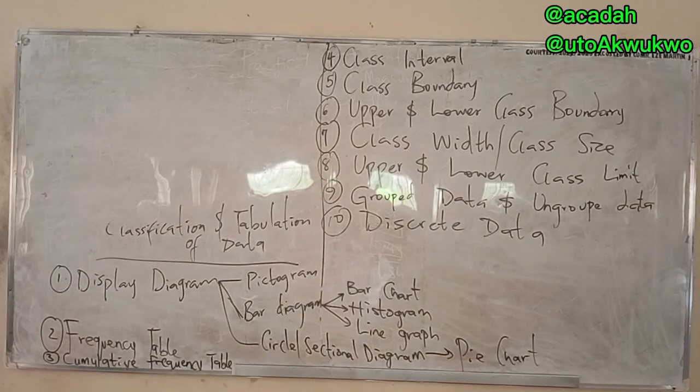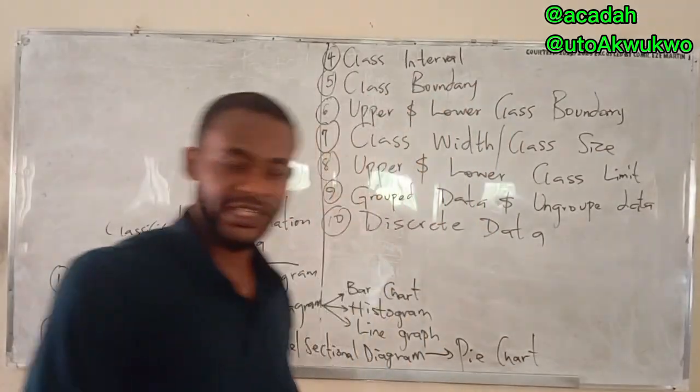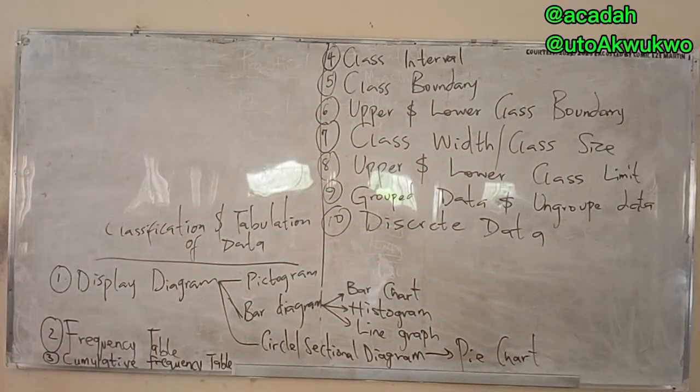So the first one, pictogram. When you hear somebody tell you about pictogram, the person is simply talking about a caricature or a picture representation of information. You will see sometimes if you are scrolling through TikTok or Facebook, they will tell you Nigeria in 2024 sold 12 tons, or 12 gallons, of crude oil.